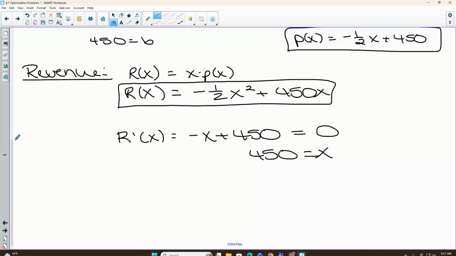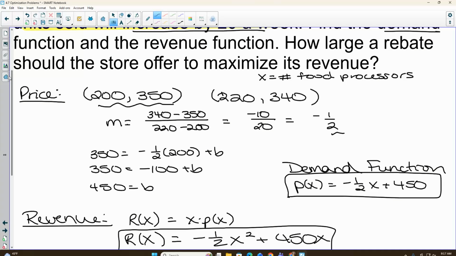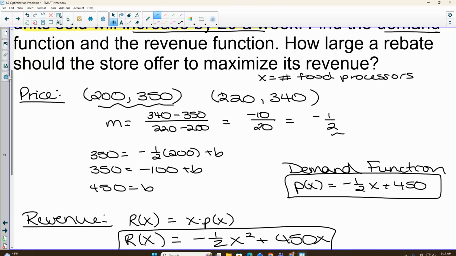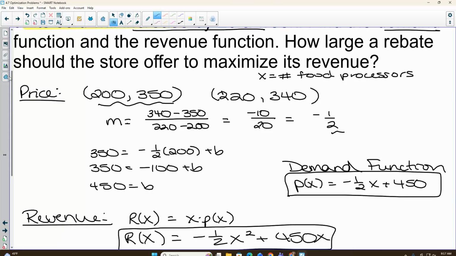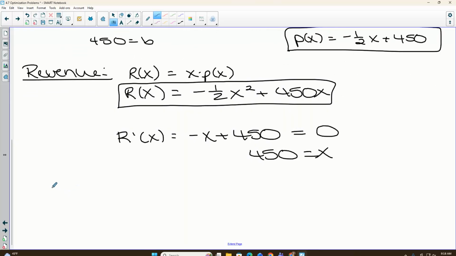Now x is the number of food processors. I asked you to find the rebate. The rebate is related to what? The price. So let's find the price.